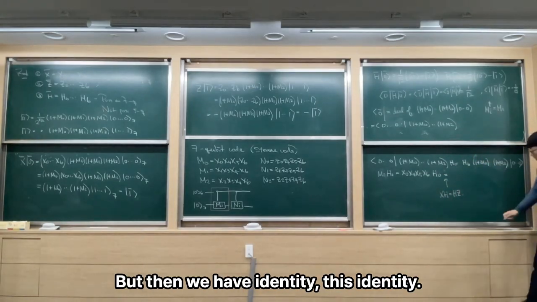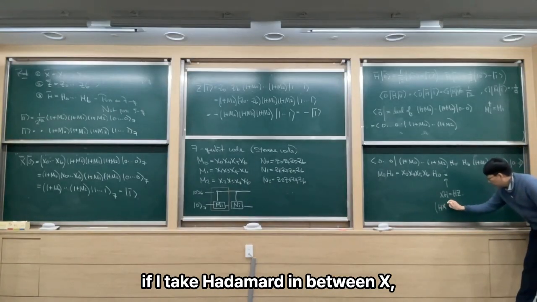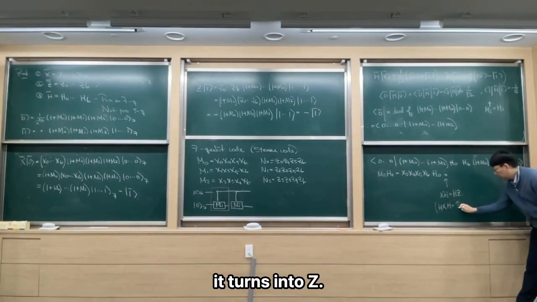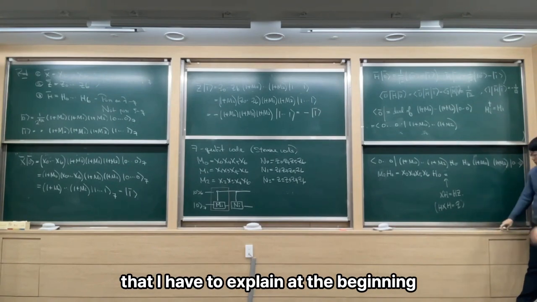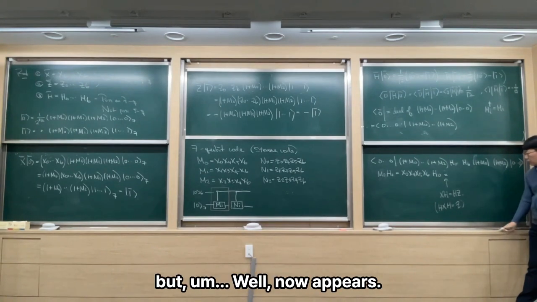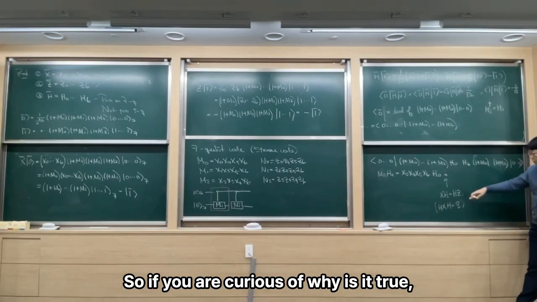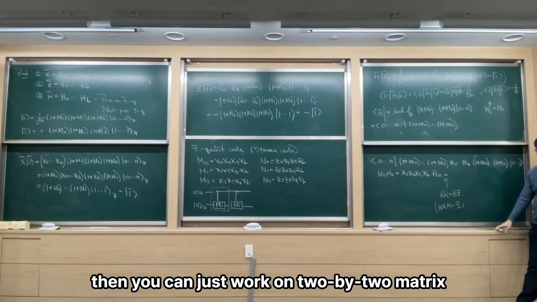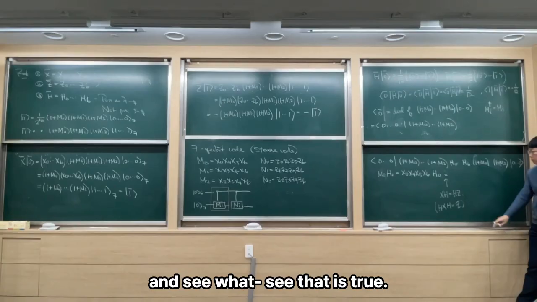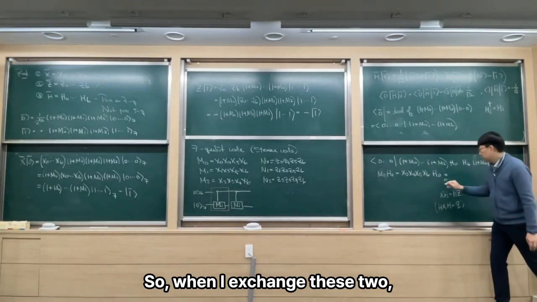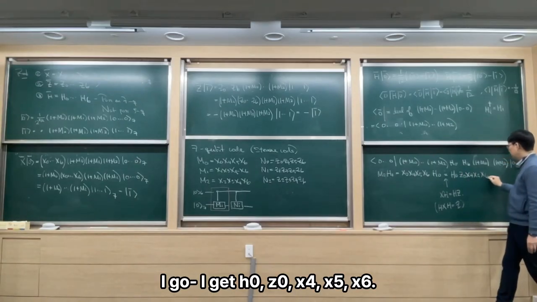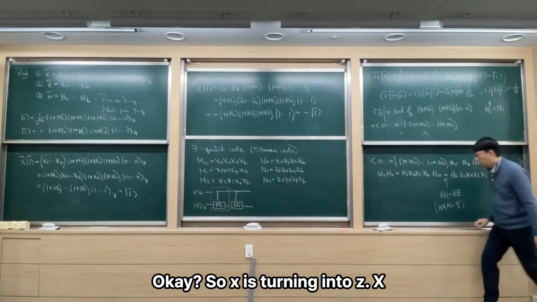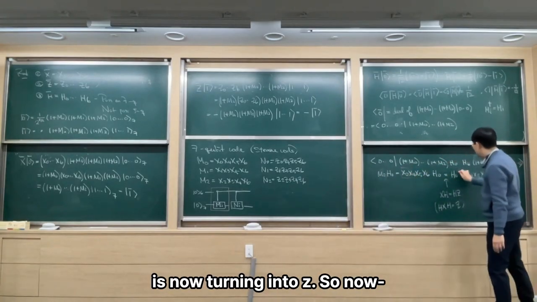In other words, if I take Hadamard in between x, it turns into z. This is the identity that I should have explained at the beginning, but well, now it appears. If you are curious why it is true, you can just work on 2x2 matrices and see that it is true. So when I change these two, I get h0, z0, x4, x5, x6. Okay, so x is now turning into z.